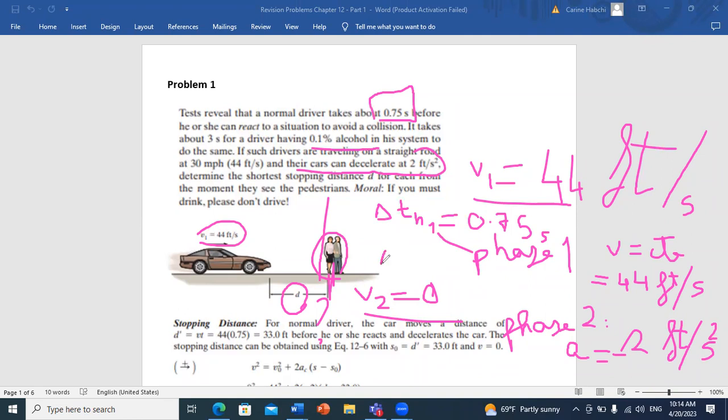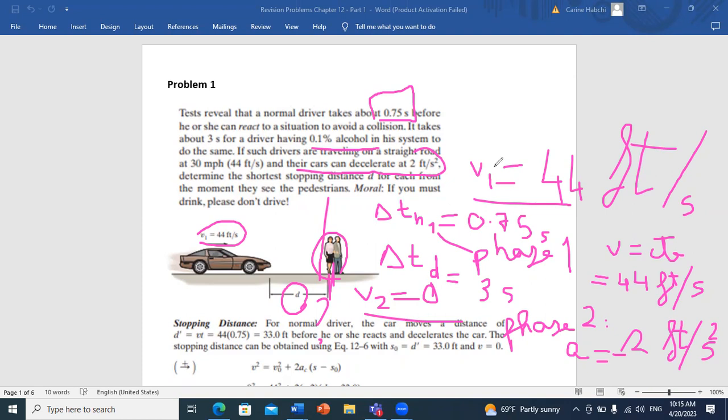So delta t of the driver with a certain percentage of alcohol in his system is 3 seconds. So now because the reaction time is larger, then the distance d1 moved in phase 1 will be larger for the driver with alcohol compared to the normal driver.